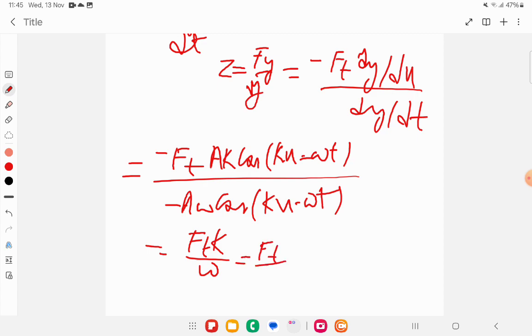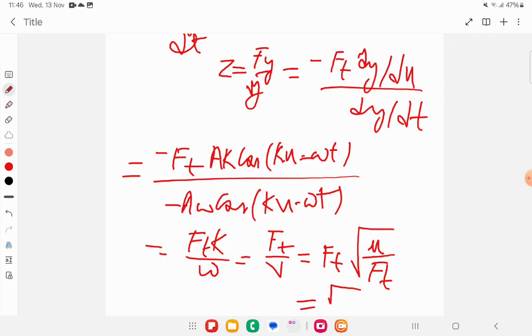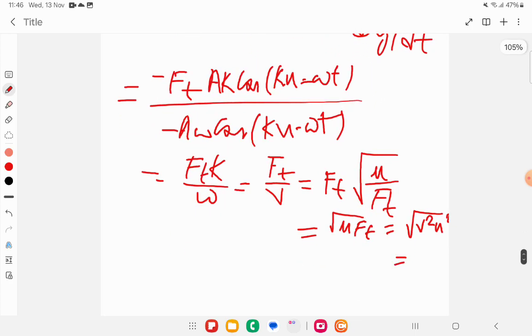Ft by v is equal to Ft by root over Ft by mu, which is equal to root over mu Ft, which is equal to root over v square mu square, which is equal to mu v.